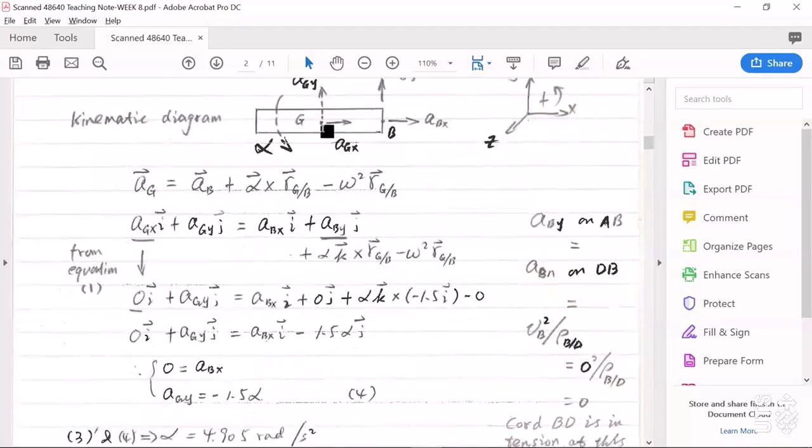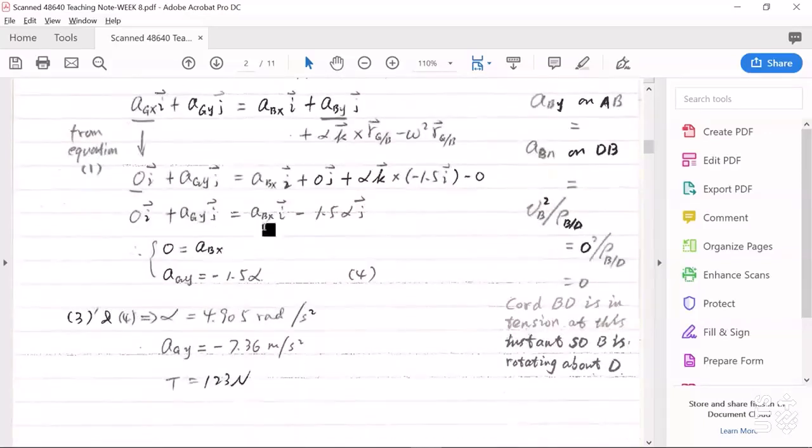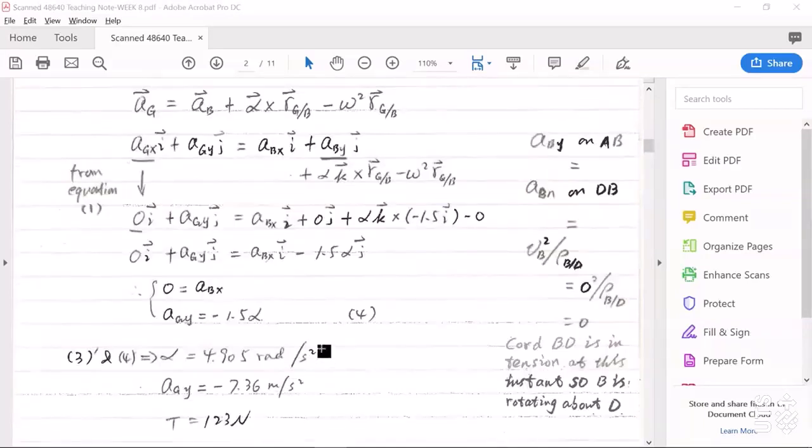It should be downward, negative, T positive. Okay, so these are the final answers of this problem.